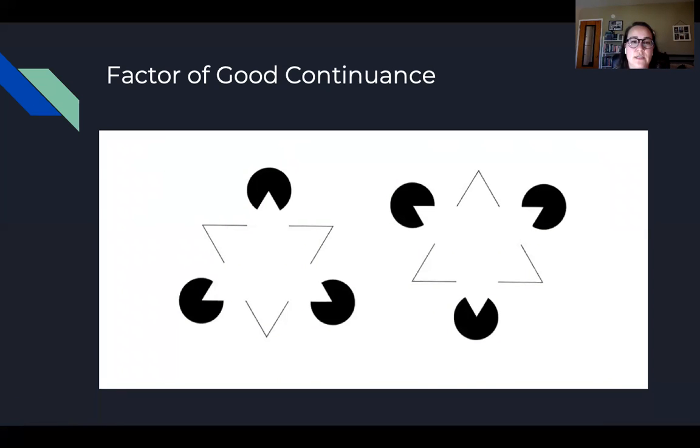These are called Kanizsa triangles. As you can see, when you look at them, you think, oh yeah, there are two fully closed triangles. But then if you look closer, you can see this triangle is actually not made up of any lines. It's just blank space.